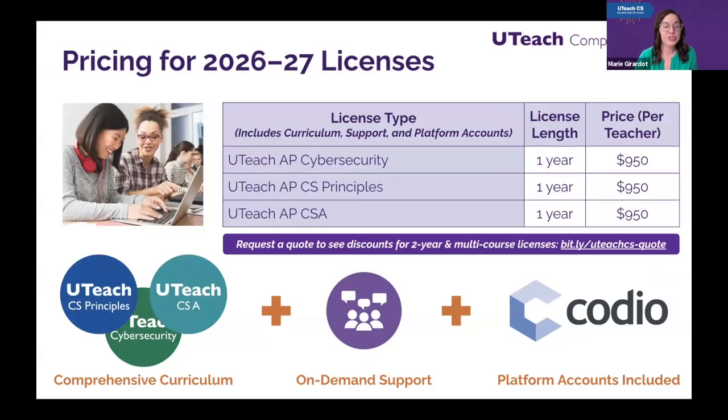If you're also teaching APCS Principles or APCSA, that's a separate license for a different course, but we do a discount if you're doing 2 courses. There's a bigger discount if you do 3 courses. If you're doing cybersecurity but want a 2-year license instead of a 1-year license, there's a discount for that too.